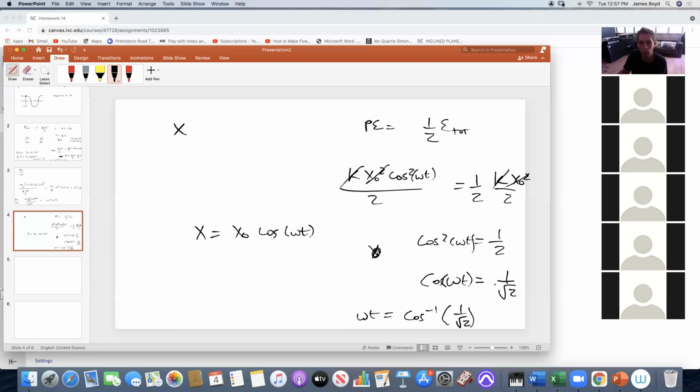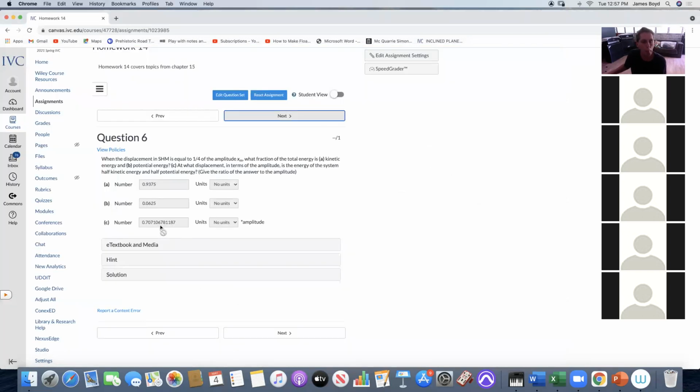So you could actually just plug that in and you would see that this is 1 over root 2. So x should be equal to x naught divided by root 2. I realized I didn't need to actually do that one. I don't know why that's slightly off. Or am I just being foggy still? Yeah, that's right. Sorry, that is 1 over root 2.